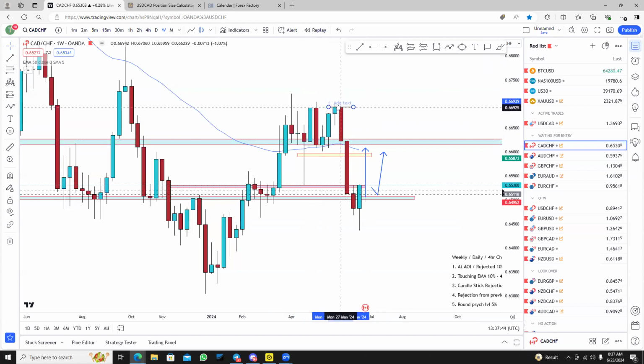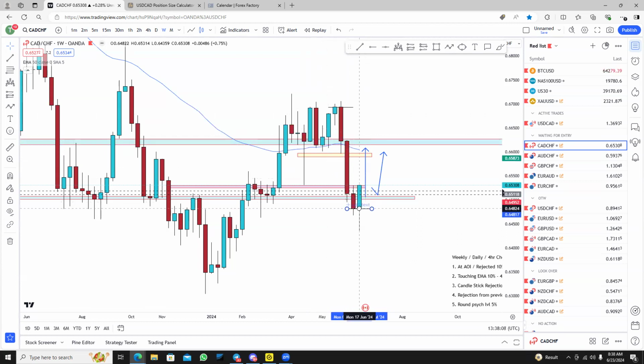Shift of structure, higher high, higher low, break of structure again. You see that head and shoulders formation? It's not a head and shoulders because the right shoulder is higher than the head, but yes. So higher high, higher low, break right here. That's your break.